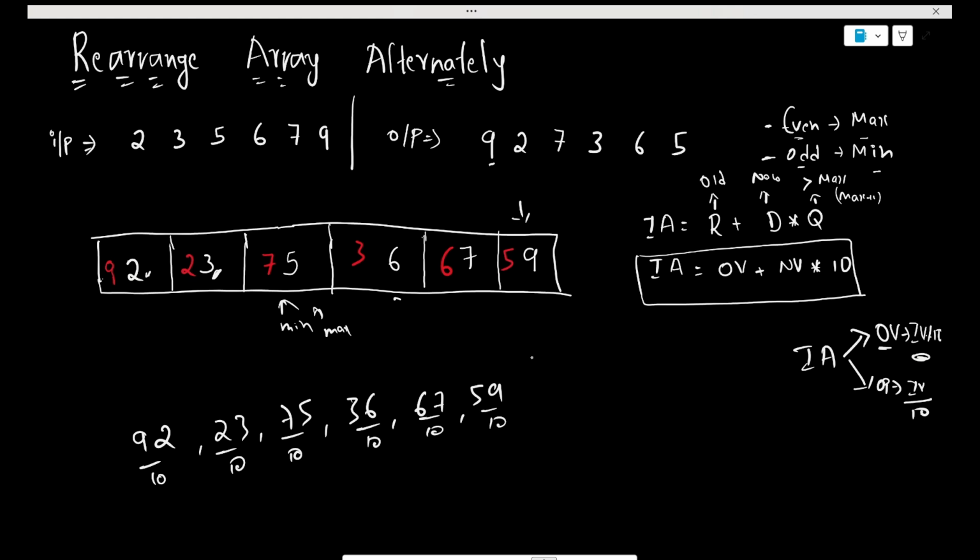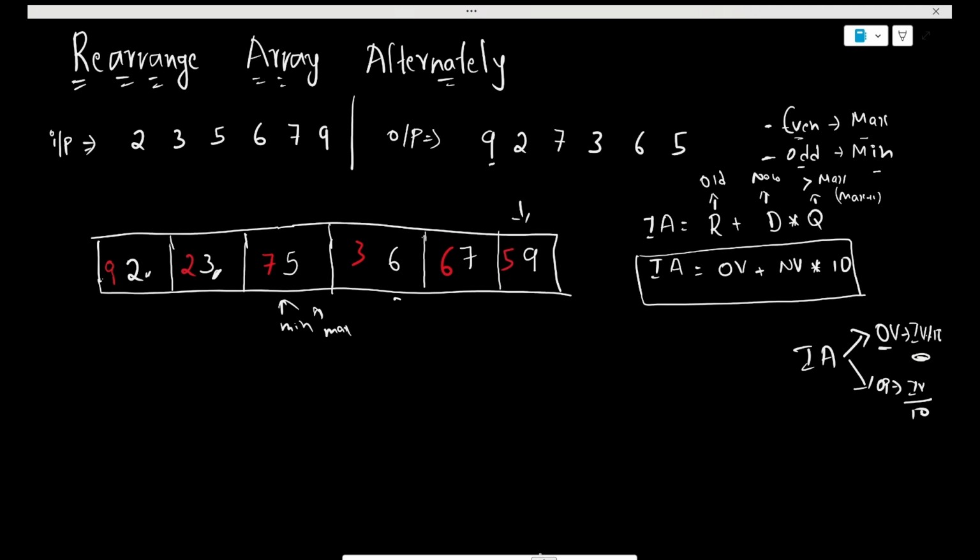So what will be the answers? 9, 2, 7, 3, 6, 5. These are the answers. This is the output, right? This is what we want here. And do percentile for the entire array. That would be 2, 3, 5, 6, 7, 9. So that's the original.